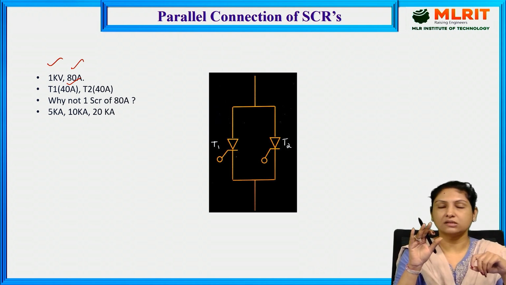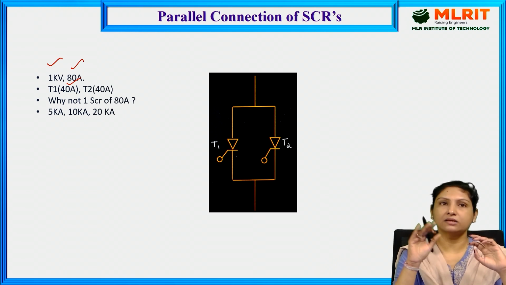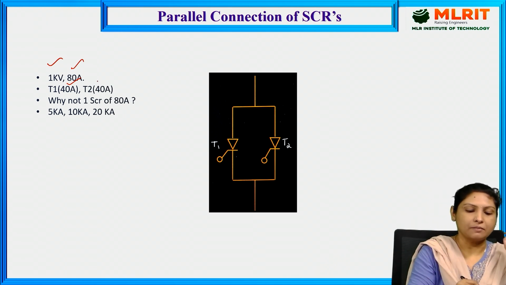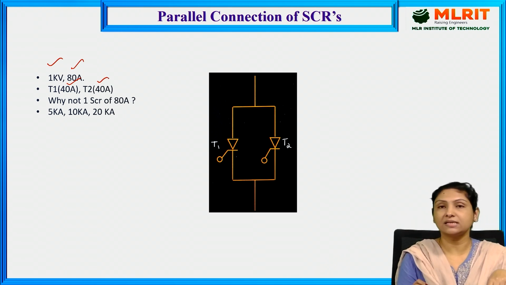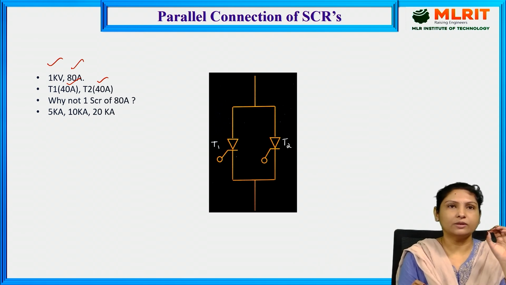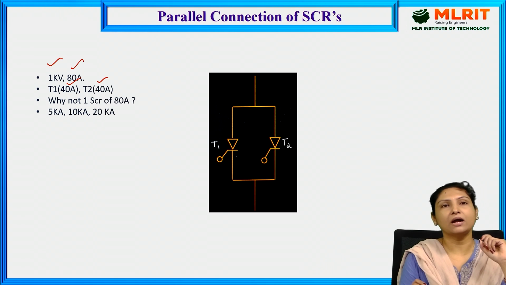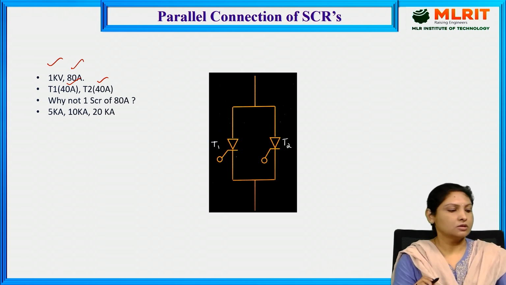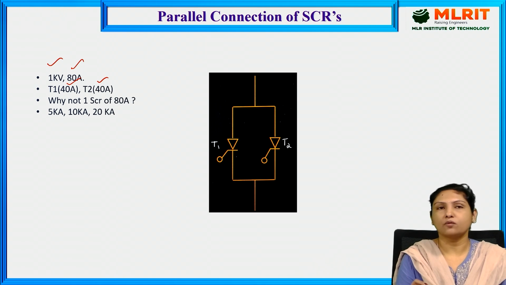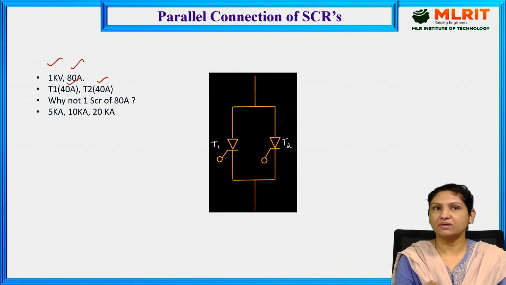So that is the reason I'll take another SCR of 40 amperes and connect these two SCRs in parallel, such that together they handle 80 amperes without any damage to the circuit. As I have already told you in a previous video, why not one SCR of 80 amperes?